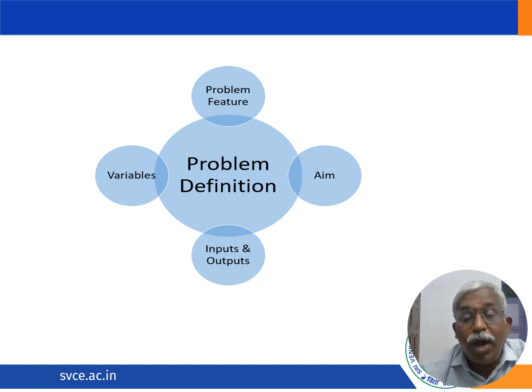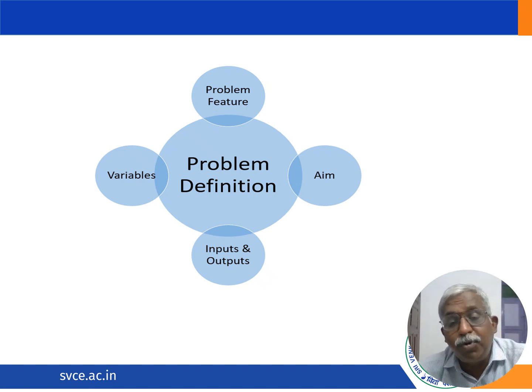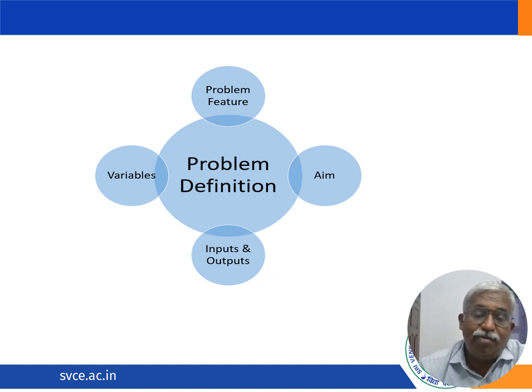Then why do we need to think? So we will ask the 5W2H questions: what, where, whom, why, when. These questions we will ask. Finally, what are the variables involved here?